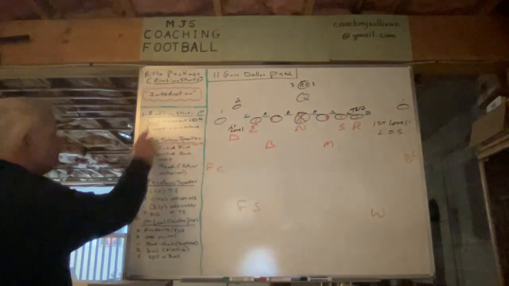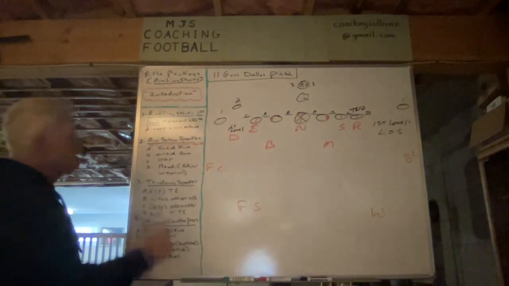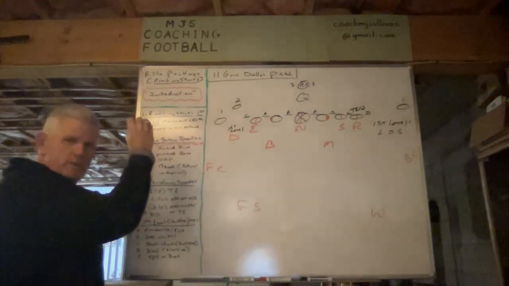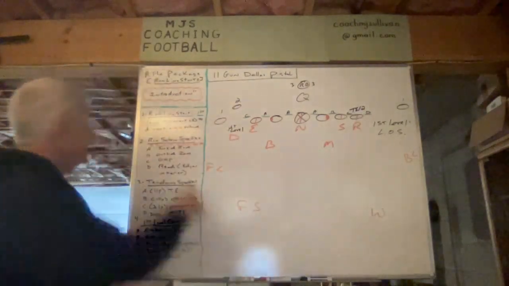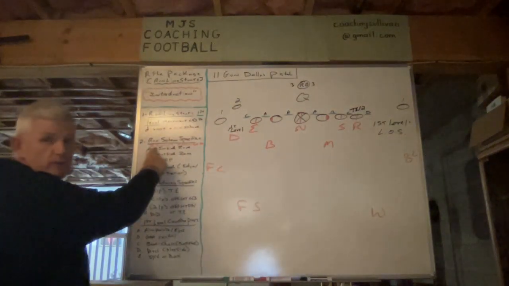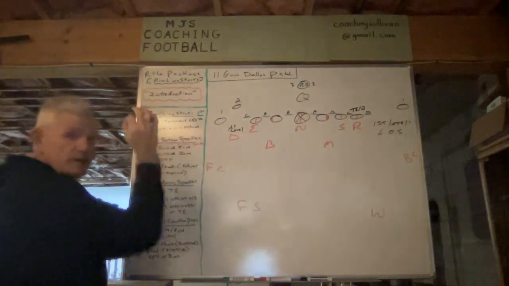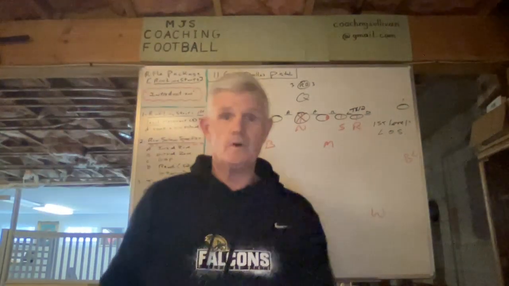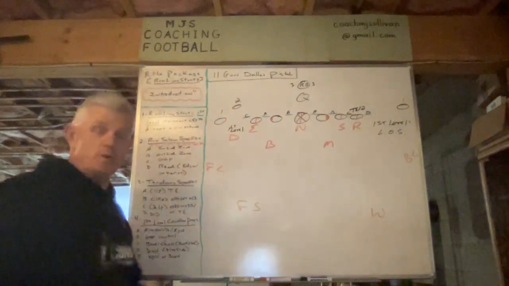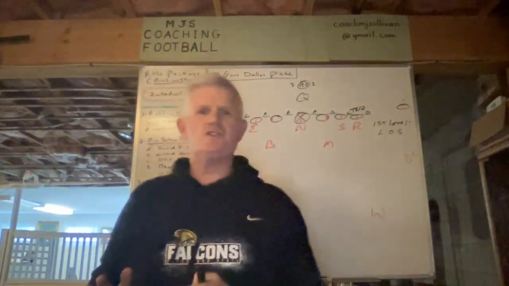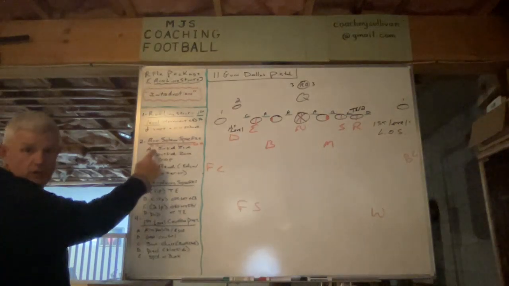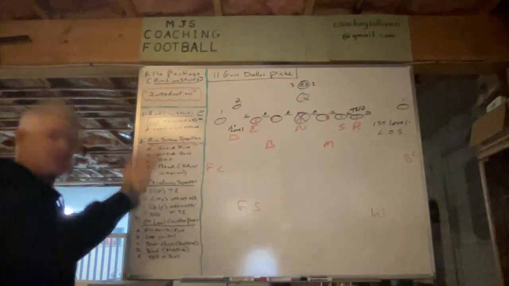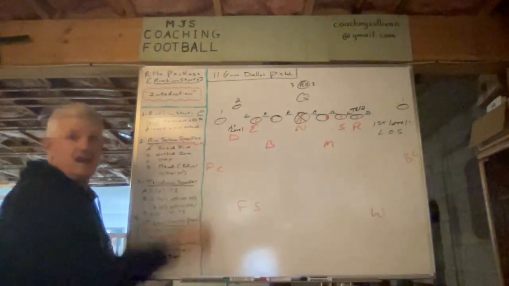Okay, so then number two, what do we mean by run scheme specifics? And then how do those in red here impact technique? There are going to be certain run line stunts that would be great against inside zone, but not so great against the gap scheme.